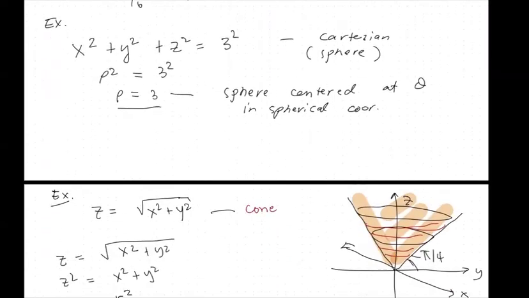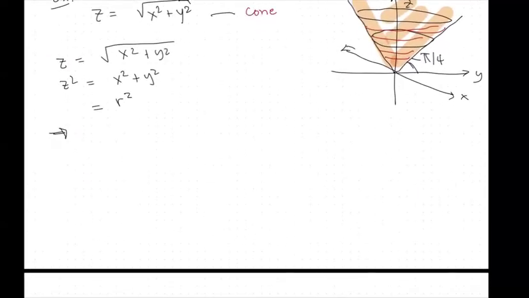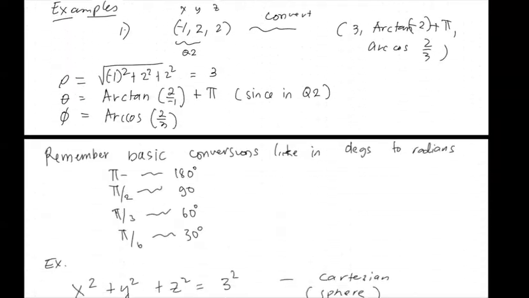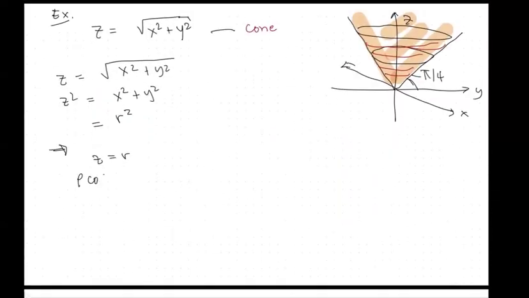That's why I'm suggesting that in case it's covered in the exam, you list the formulas. So here we have z equal to r, and z is rho cosine phi, and then r is rho sine phi. Then you just cancel, and what you get is 1 is equal to sine phi over cosine phi.